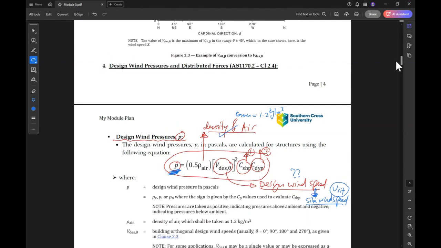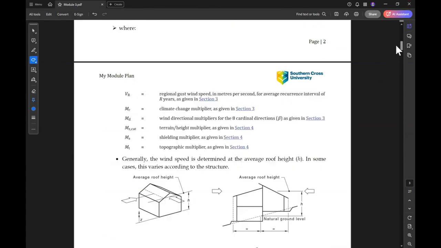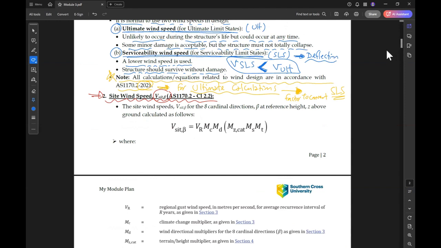Okay, so if we return back to our formula now, the site wind speed is the wind speed at the site of construction, and V site has 8 cardinal directions. Beta is the directions.